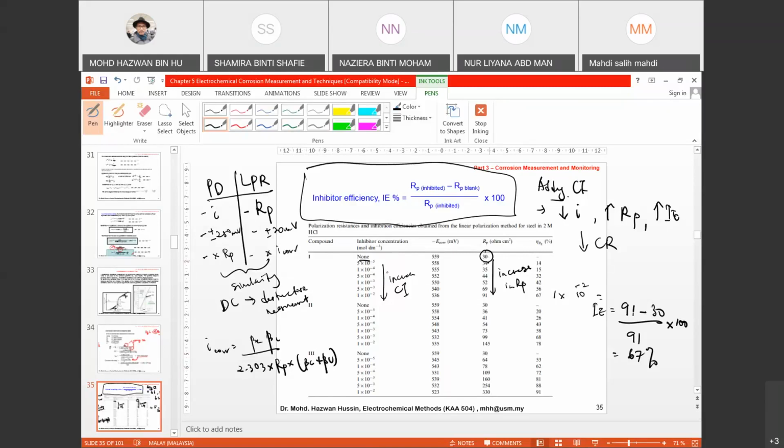If you calculate one by one the I core for individual, you can still calculate the inhibition efficiency using I core. The values may not be the same, but the trend will be the same. But in case you want to calculate IE directly from RP, you can use this formula without first converting to I core. Okay, thank you. Any other question that you would like to ask?